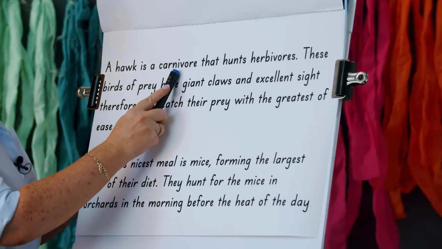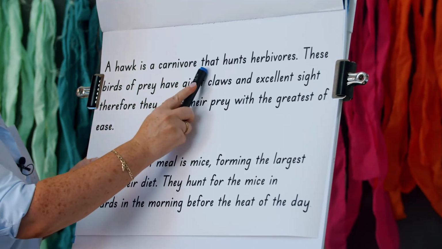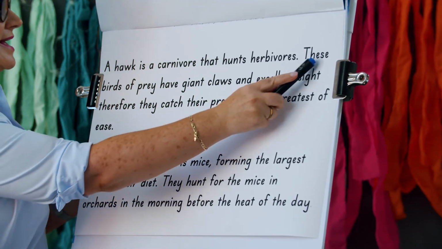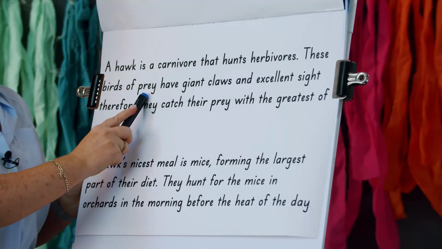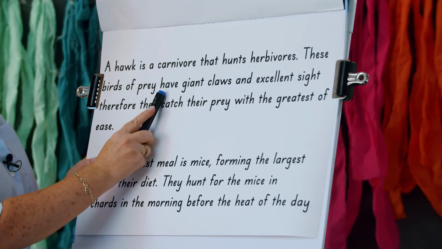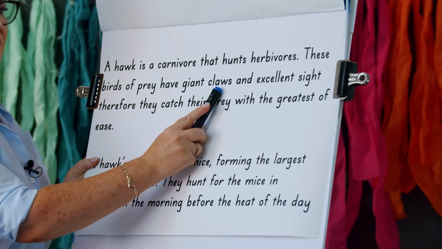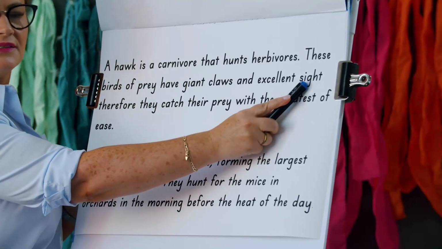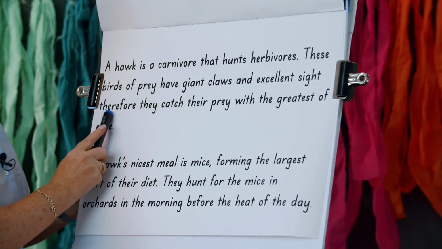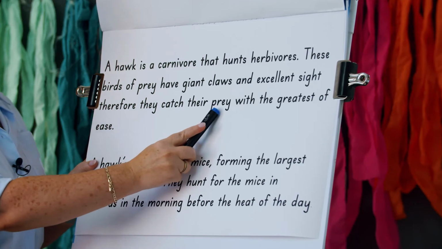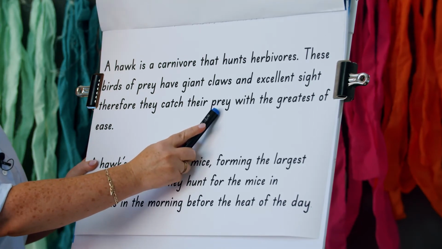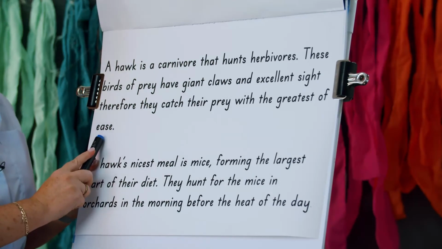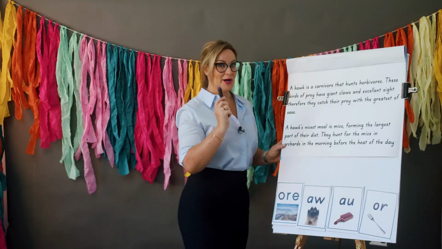A hawk is a carnivore that hunts herbivores. These birds of prey have giant claws and excellent sight. Therefore, they catch their prey with the greatest of ease. You echoing me?